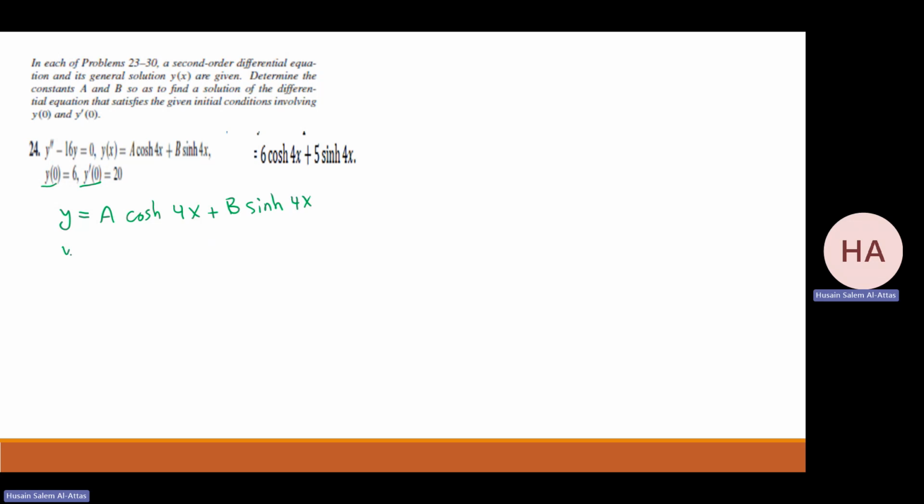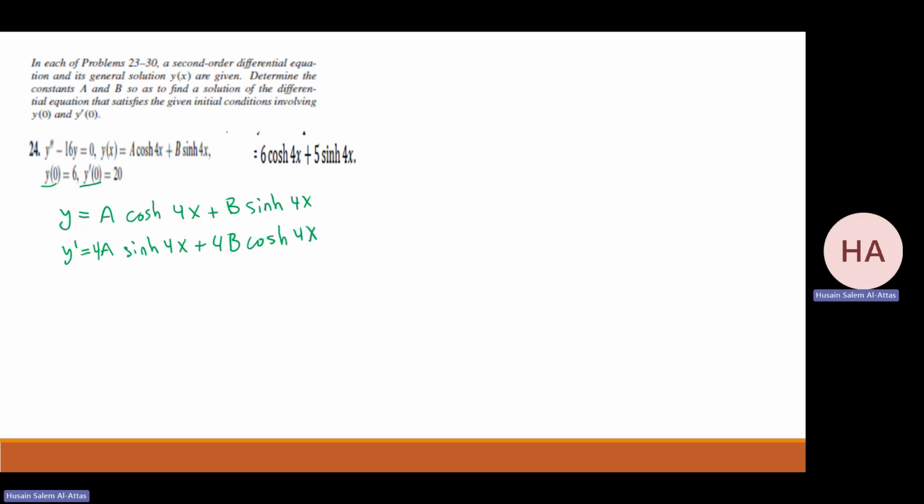I need y prime. Y prime will be a sine hyperbolic 4x times 4a plus 4b cosine hyperbolic 4x.